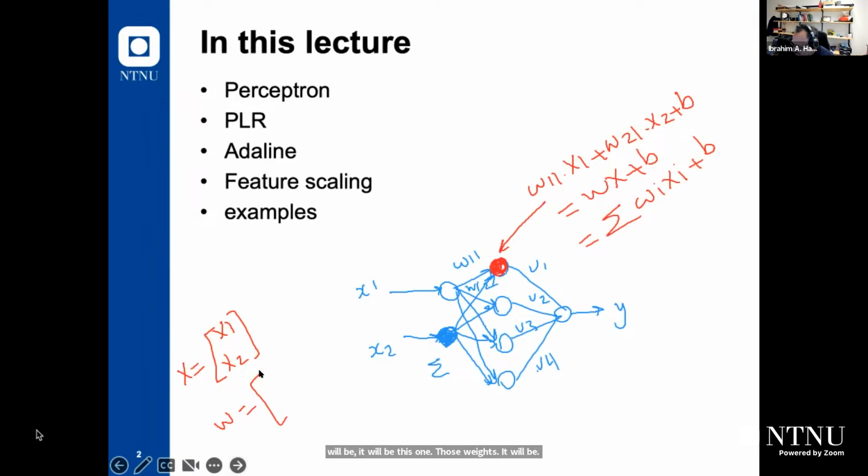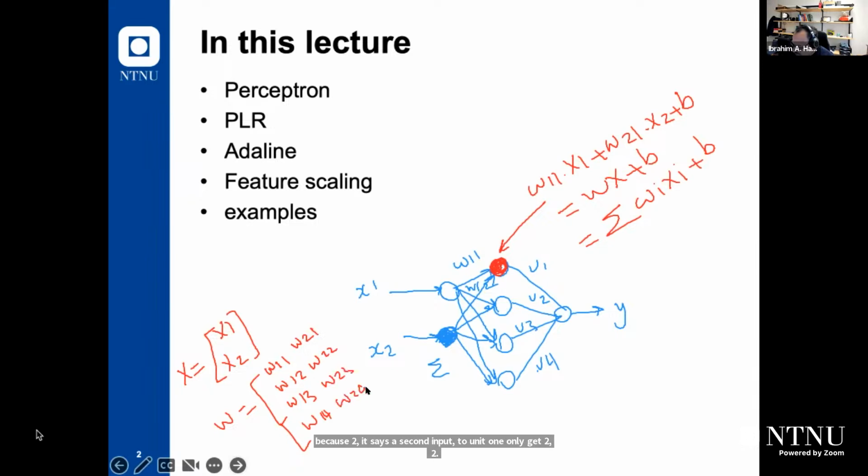So the first column will be omega 1 1, omega 1 2, omega 1 3, omega 1 4, and the second column will be omega 2 1, omega 2 2, omega 2 3, omega 2 4, because the 2 is the second input to the units.